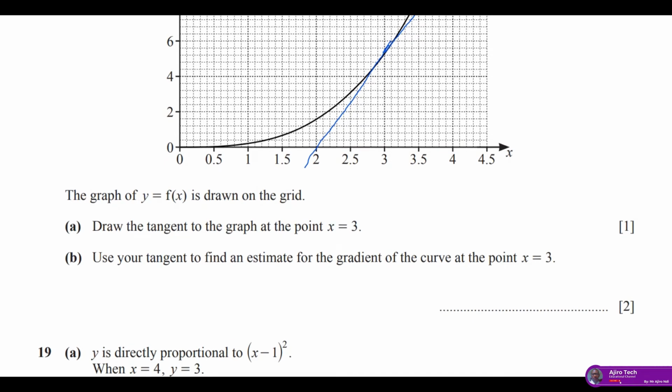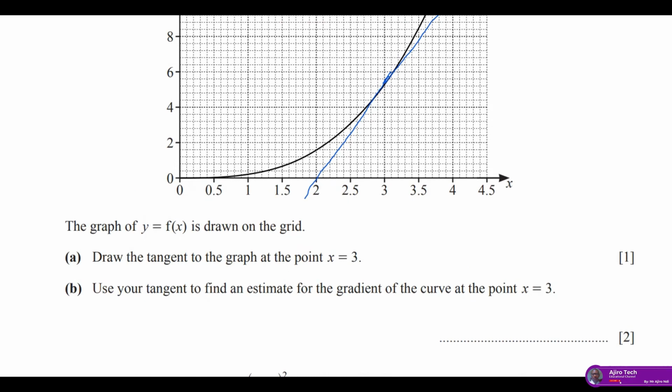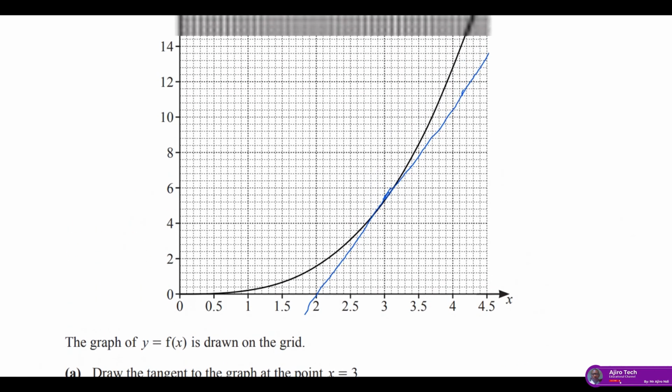Use your tangent to find an estimate of the gradient. So let us estimate the gradient. The gradient at this point is the slope. I can see that it is cutting across this place. This point is what? 12.8. No, this is 13 points.